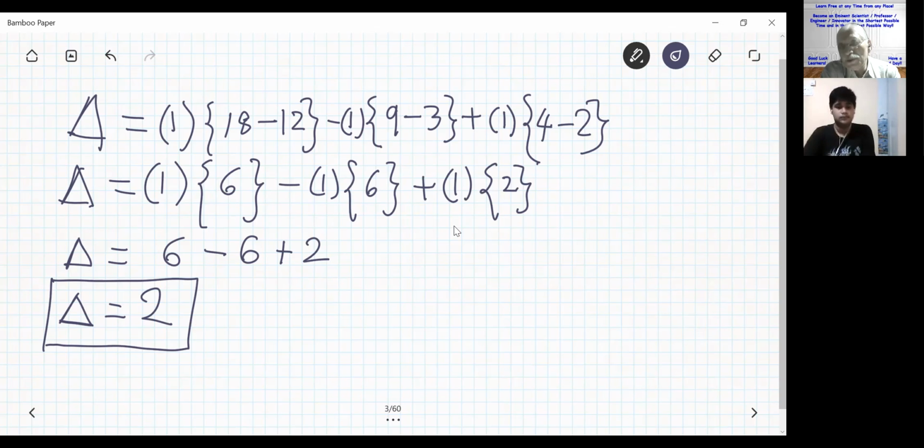Third one, you get 2. Then you have to write this answer here. So it is 1 into the answer for the first one, you put in the bracket, minus 1 into the answer for the second determinant, plus 1 into the answer for the third determinant. Then simplify that. So then 1 into 6 will be 6. This is minus 1 into 6 will be minus 6.